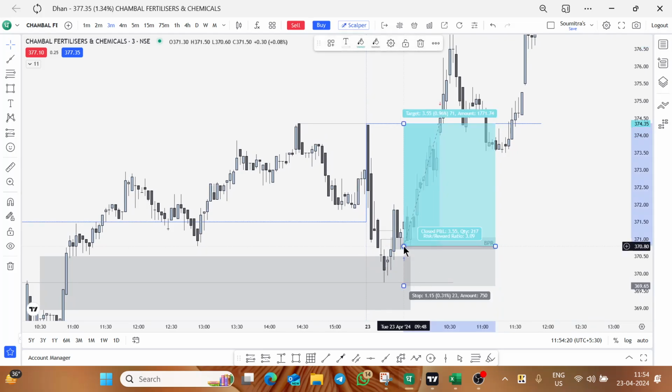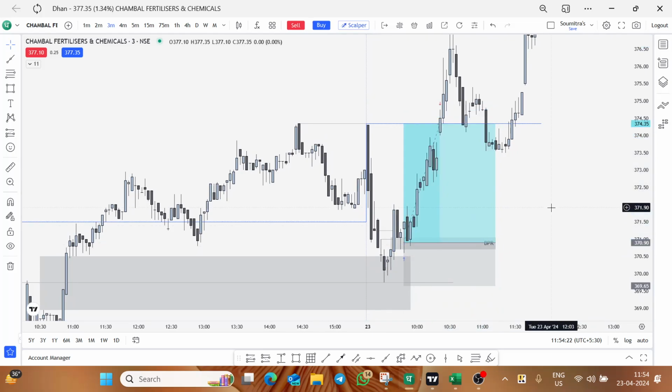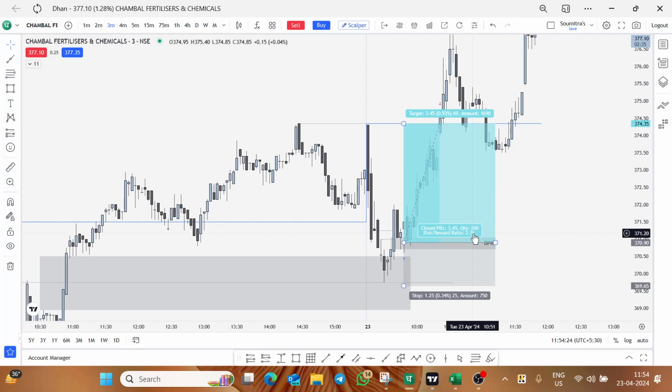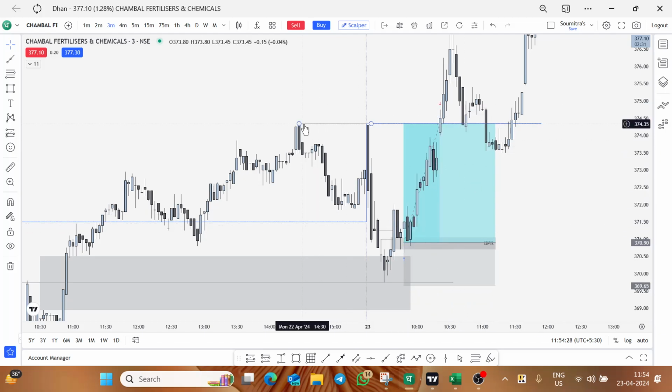And as you can see, this is a 2.8:1 trade, and we achieved the target quite easily up to this relative equal highs. This was our target. This is also the previous day high. And so this was the entry and this was the exit.